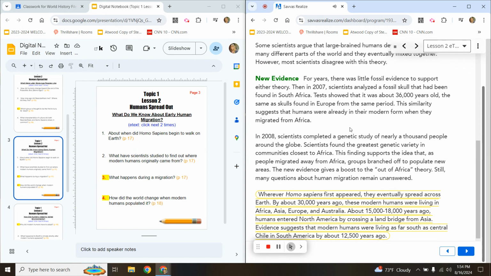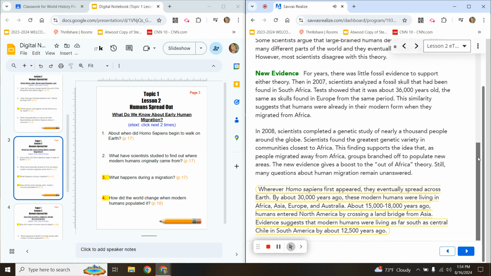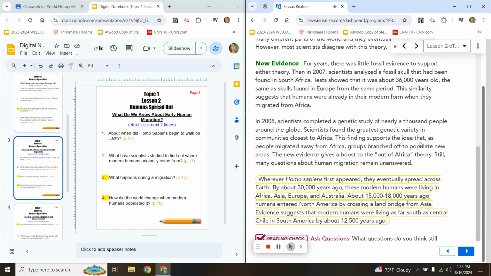New evidence. For years, there was little fossil evidence to support either theory. Then in 2007, scientists analyzed a fossil skull that had been found in South Africa. Tests showed that it was about 36,000 years old, the same as skulls found in Europe from the same period. This similarity suggests that humans were already in their modern form when they migrated from Africa.